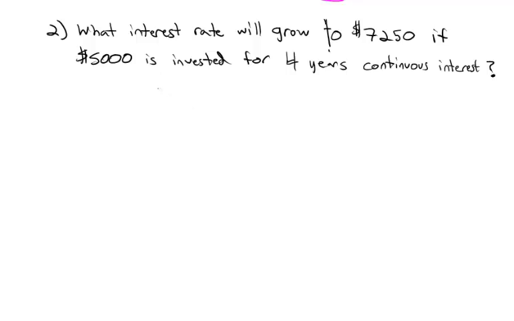Well, we know the final value we want, 7,250, is equal to the principal value of 5,000 times e to the r, which we don't know, times 4. I'm going to write 4r. And then from here it's going to solve pretty much like before. Get the part with the exponent alone by dividing out the 5,000.